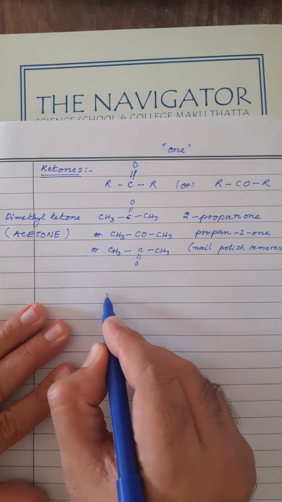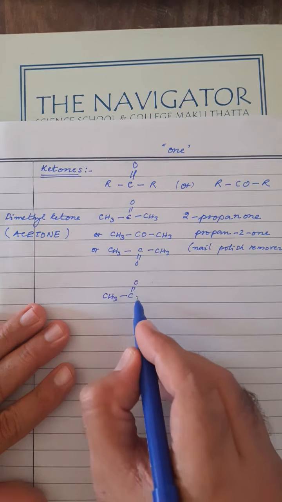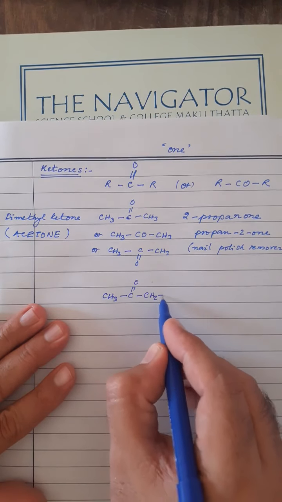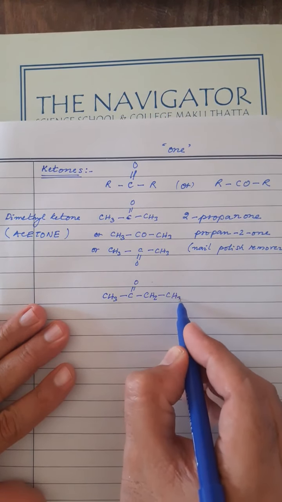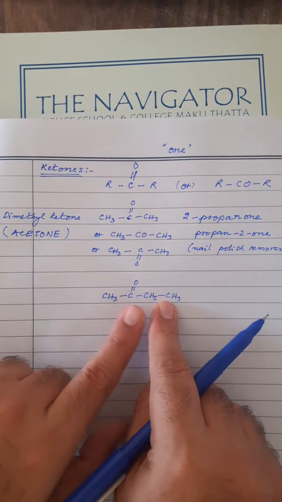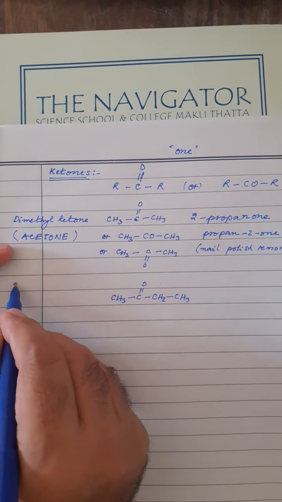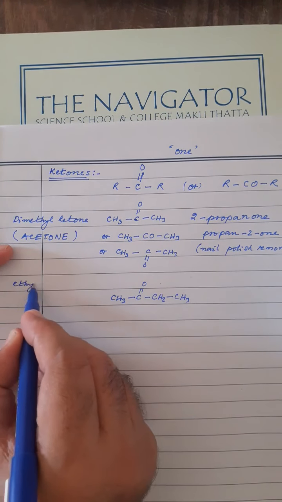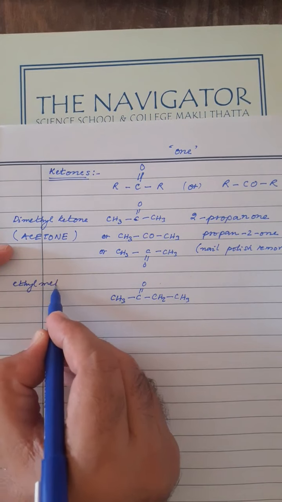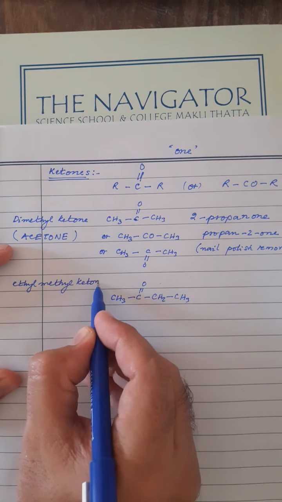How about this guy? CH3, C double bond O, CH2 and CH3. Just like if this is dimethyl ketone, this is ethyl methyl ketone. Again, you will find the naming is just like ethers. Ethyl methyl ketone.